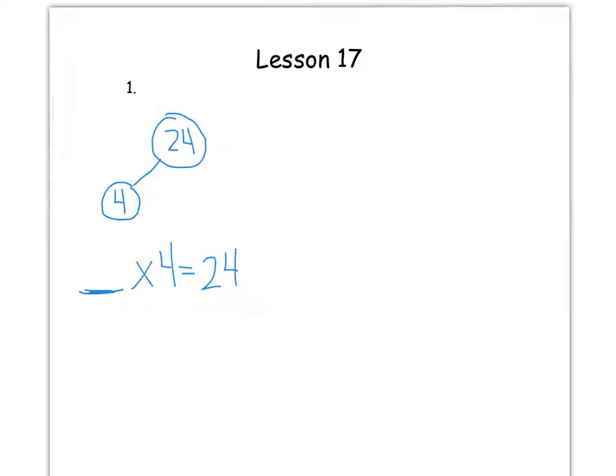I can skip count to find the unknown factor. Each time I write my 4 down on my paper, I'm going to go up to my number bond and draw a new part.